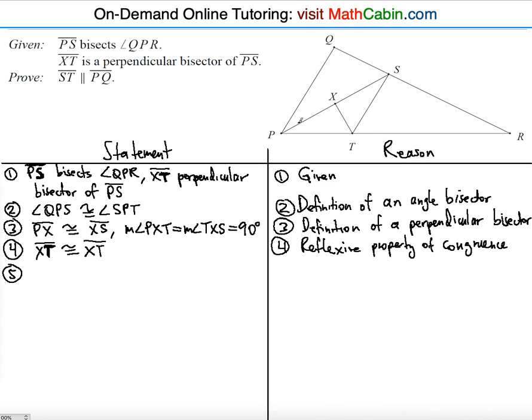Side, angle, side for these two triangles. So we can easily, comfortably determine that triangle PXT is congruent, not just similar, but congruent to TXS. Okay, and that's the side, angle, side postulate of congruence.